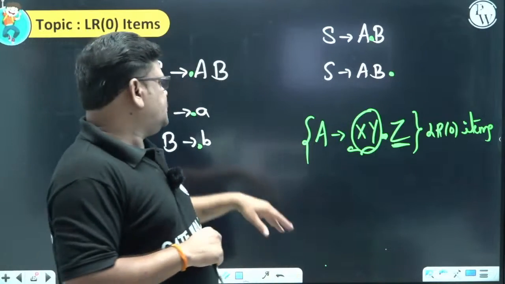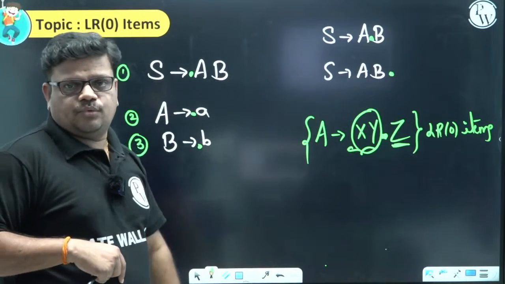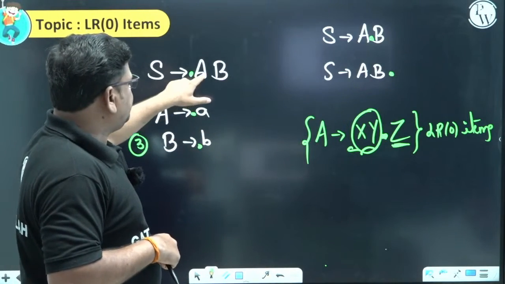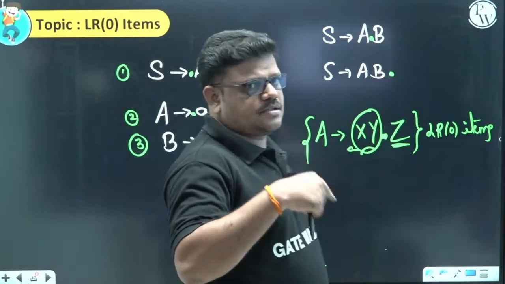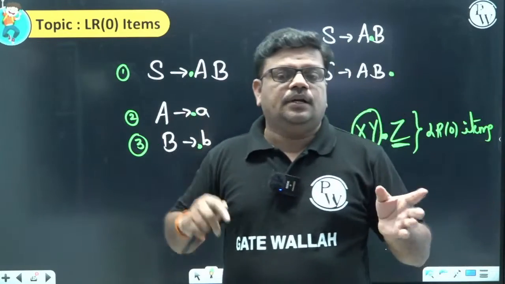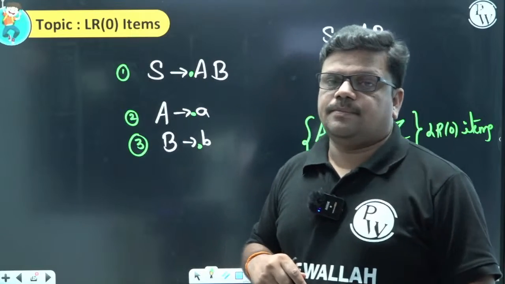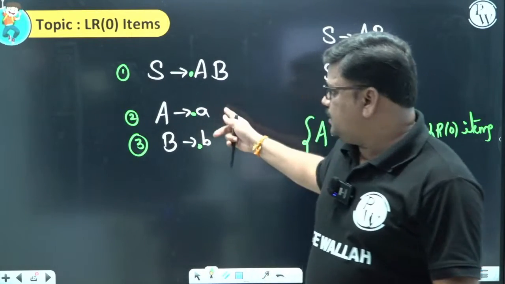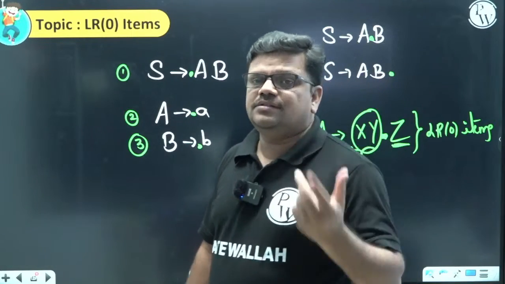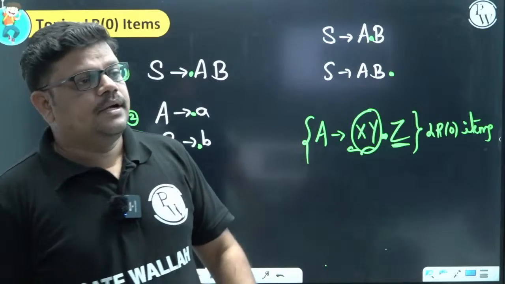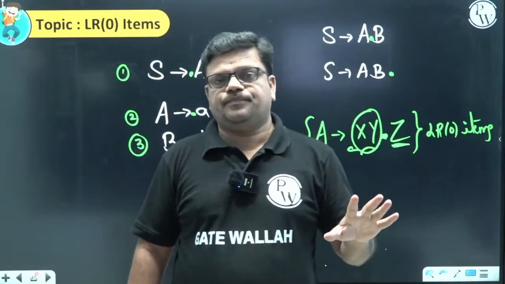That's why, in a systematic way, the parser identifies handles properly. It will take the dot, move the dot one position ahead, and then see. So many things are there, and in the construction you will come to know. Whatever it may be, an LR0 item is completely different from a grammar production. An LR0 item has a dot somewhere in the right-hand side of the grammar production. So the collection of these LR0 items is our main concept.